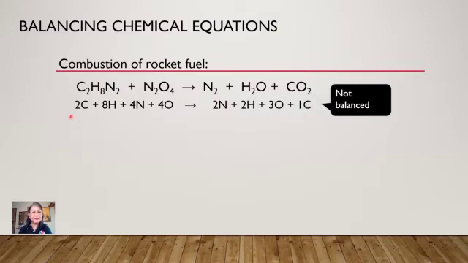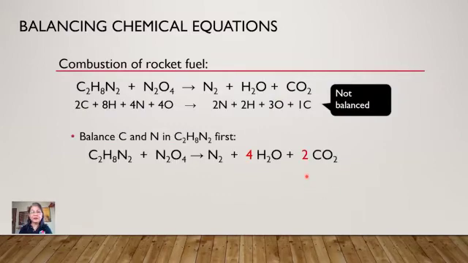So I'm starting off with carbon, 2 here, and carbon appears in carbon dioxide and there's only 1. So I can make the number of carbon atoms the same by placing the coefficient 2 before carbon dioxide there. And then hydrogen next. Hydrogen, 8 here. Hydrogen appears only once in the product.